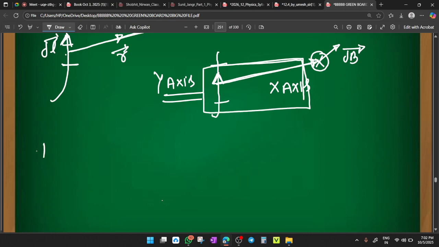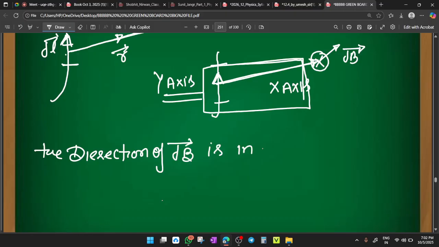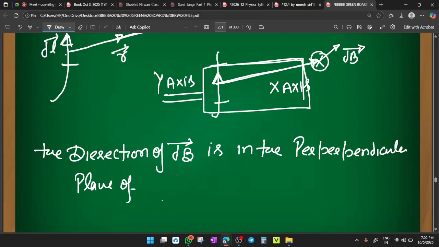The direction of dB vector is in the perpendicular plane of r vector and dl vector. Yes or no? Correct?